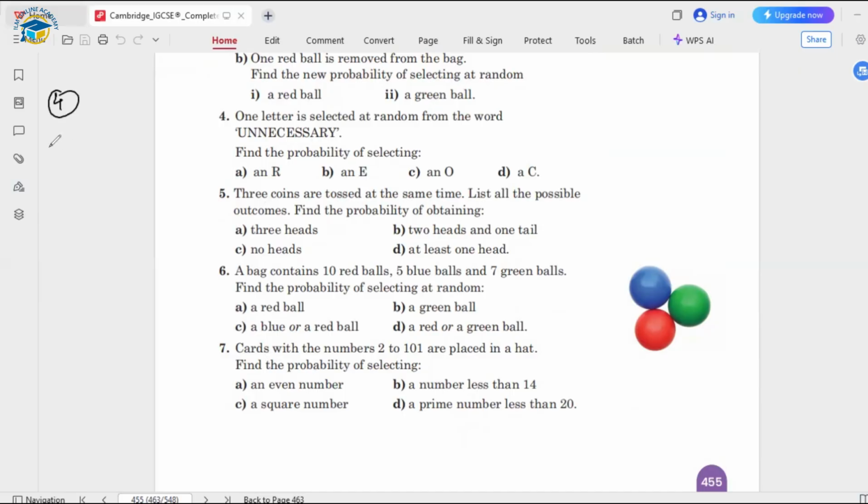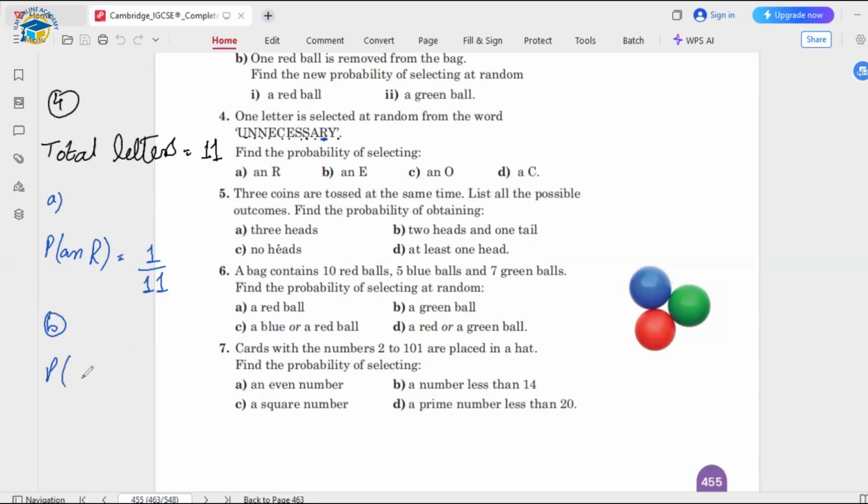So total letters: 1, 2, 3, 4, 5, 6, 7, 8, 9, 10, 11. 11 total letters are being given. Okay. So in A part, we need to find the probability of getting an R. How many times we got an R? So over here, only one time we got an R out of total 11. So 1 over 11.